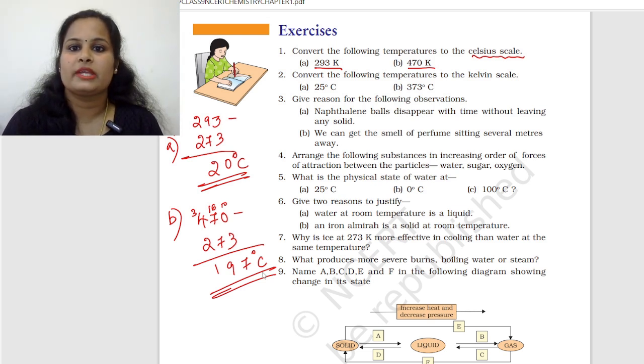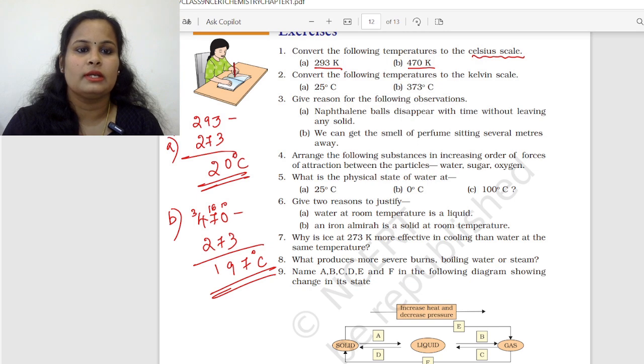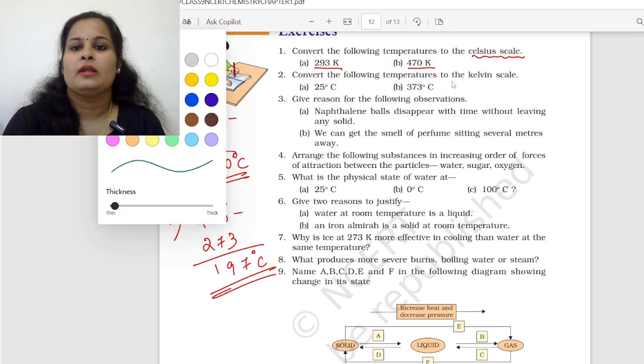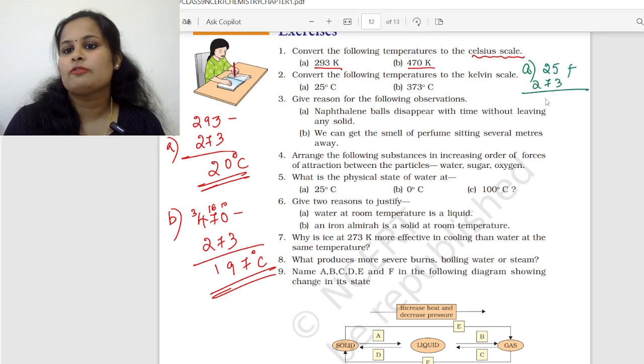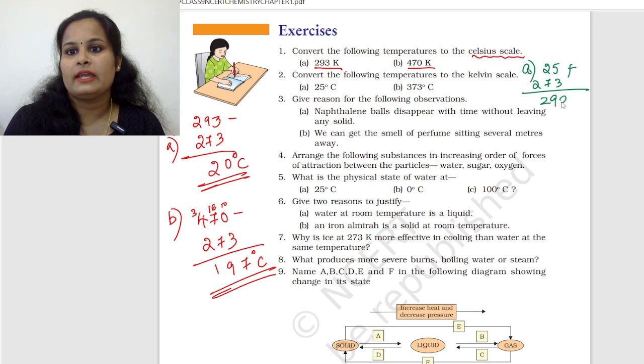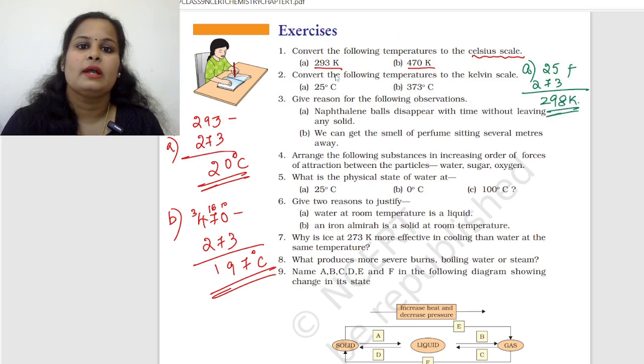Now convert the following temperature into Kelvin scale. So we need to just add 273 in order to get it converted. I'll write over here 25 plus 273, which would give you 298 Kelvin. All right.